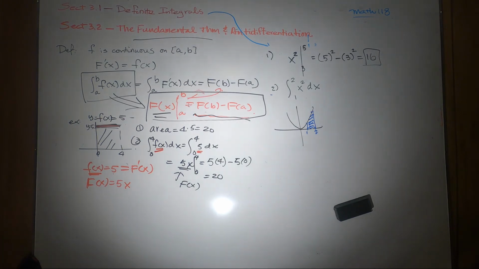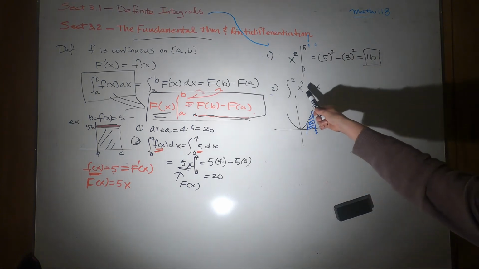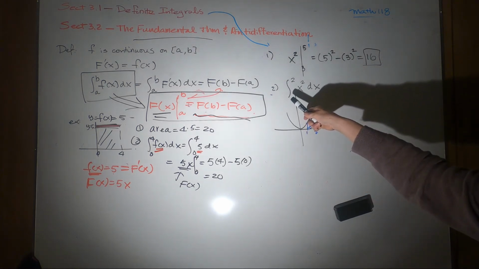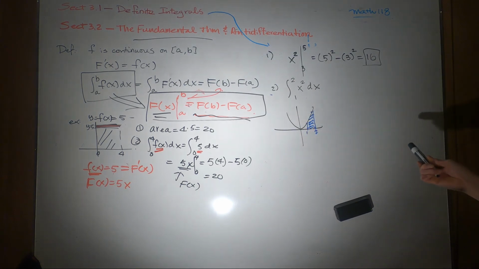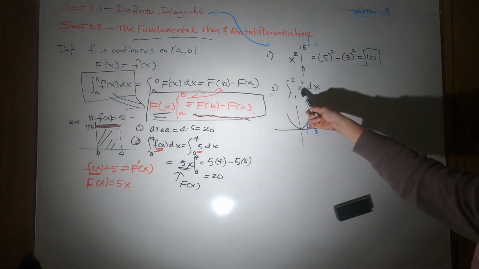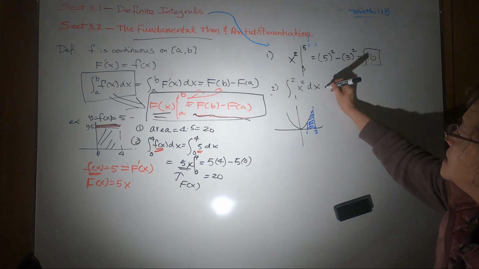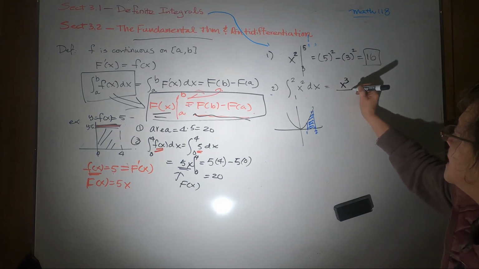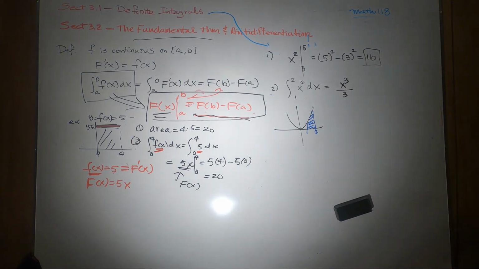But how do we calculate the answer for this? You do the antiderivative. Integral means antiderivative. So the antiderivative of x squared is x cubed divided by 3, right?